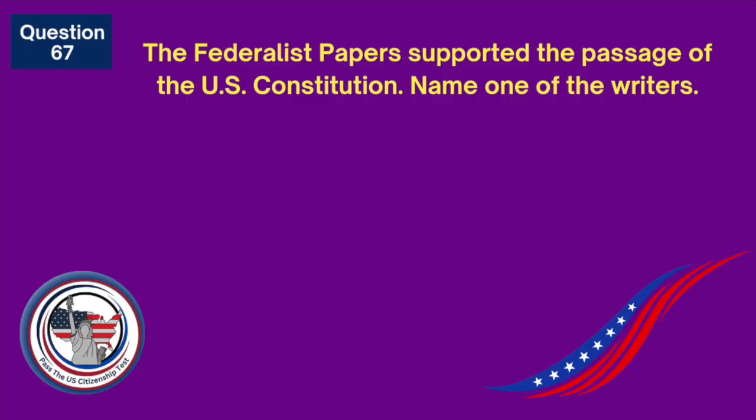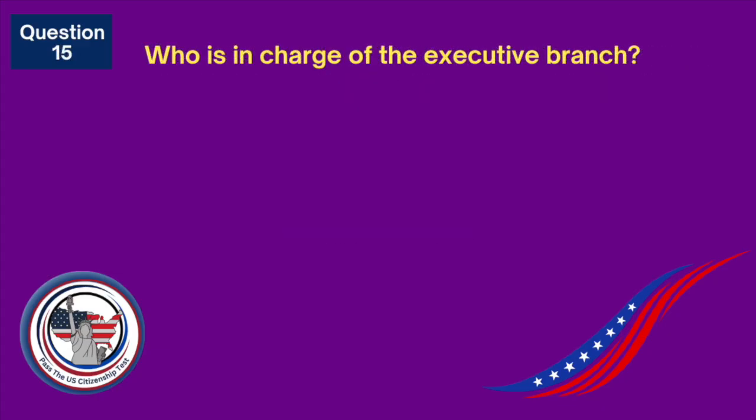The Federalist Papers supported the passage of the U.S. Constitution. Name one of the writers. James Madison. Who is in charge of the executive branch?